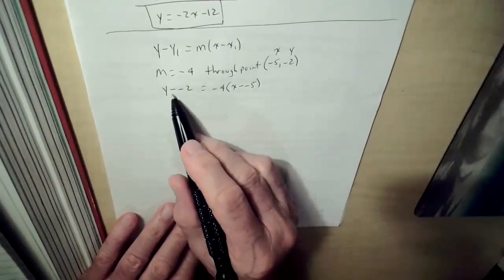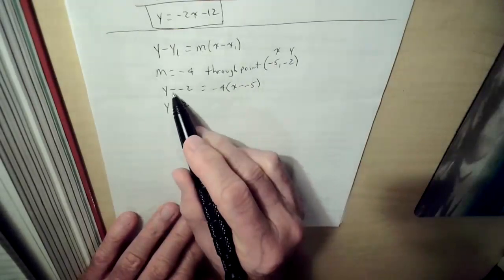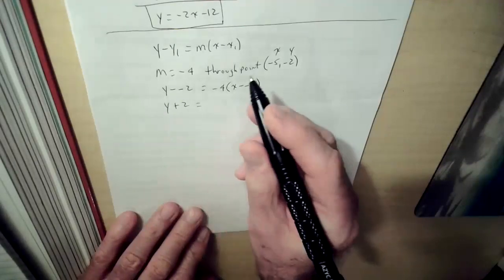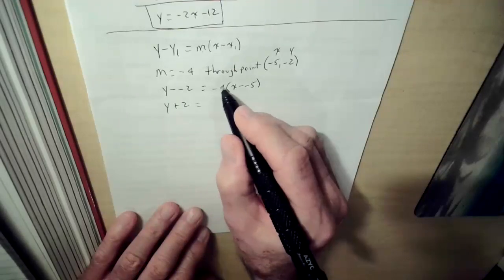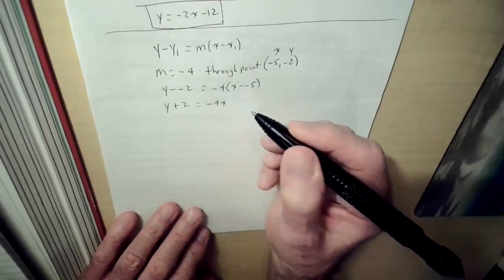Okay, let's clean all these negative signs out of here. And remember, negative means the opposite of, so we get y plus 2. Right? The opposite of negative 2 is positive 2, equals, and we're going to distribute the negative 4 over everything inside here.